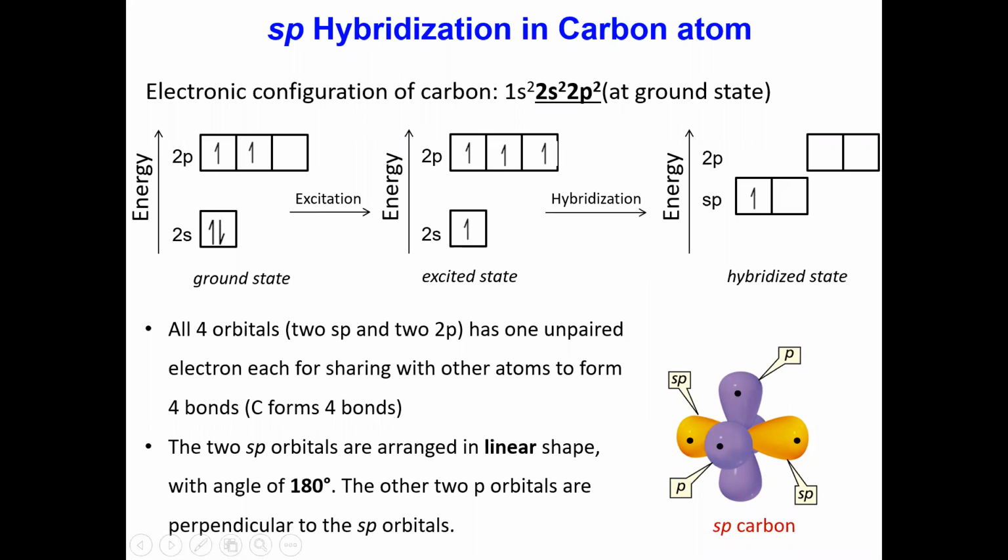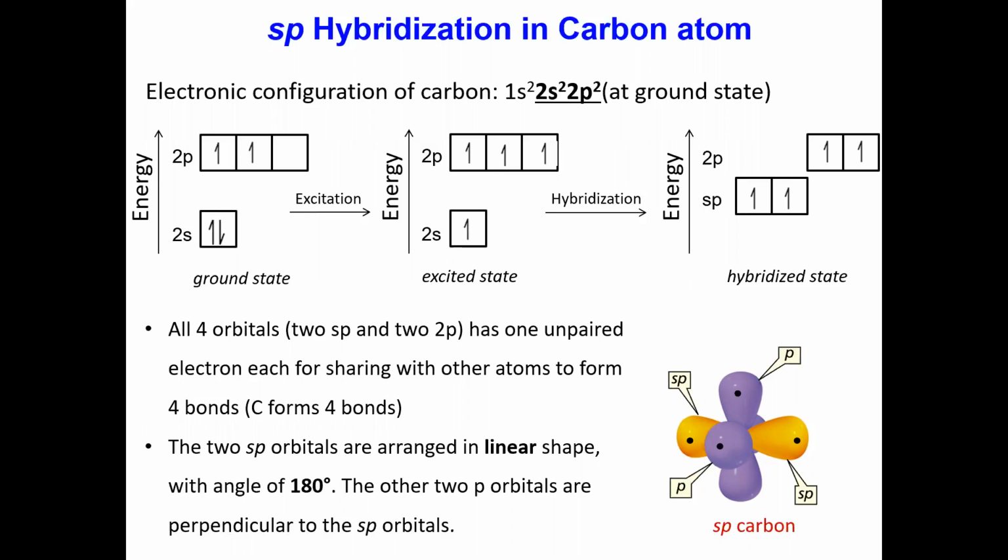So we have the two sp orbitals having one electron each, and the 2p orbitals having one electron each. So the four orbitals will have one unpaired electron each for bonding with other atoms to form four bonds, because carbon can form four bonds.